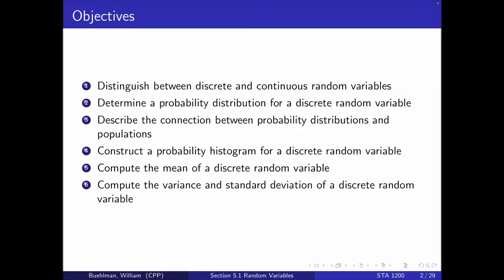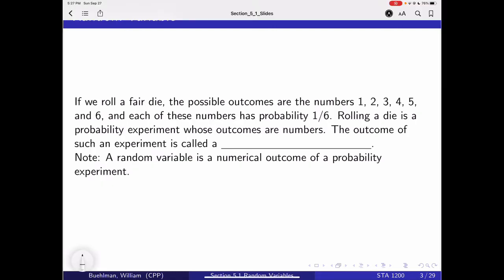The objectives for this section are to be able to distinguish between discrete and continuous random variables, determine a probability distribution for a discrete random variable, describe the connection between probability distributions and populations, construct a probability histogram for a discrete random variable, compute the mean of a discrete random variable, and compute the variance and standard deviation of a discrete random variable.